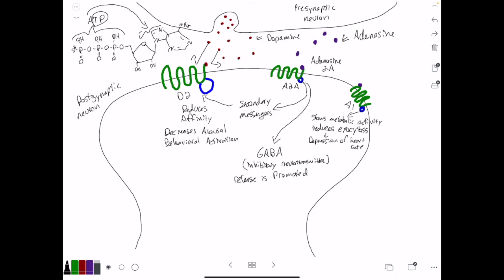Specifically. And so this adenosine signaling, so when our body has used up a lot of ATP, adenosine is floating around and it's binding to A2A and A1, which results in decreased arousal, increase of inhibitory transmitter release, slows metabolic activity, and decreases our heart rate through reduced exocytosis of neurotransmitter.